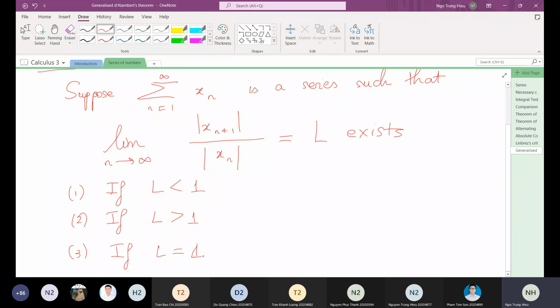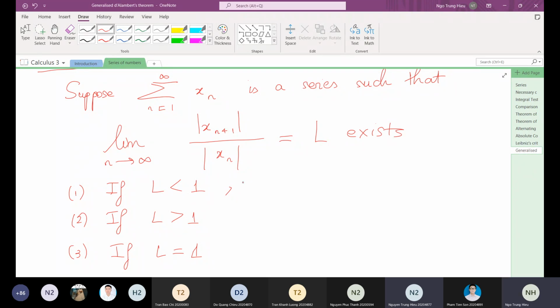So you remember previously, if L is less than 1, then what can we say? Anyone? Does anyone know? If L is less than 1, what can we say about the series? Does anyone remember? Converge absolutely.